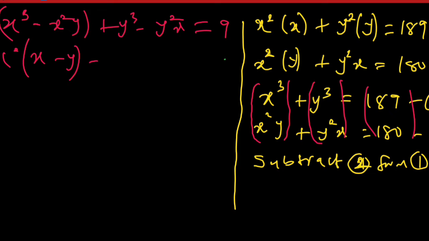If I remove minus y squared from plus y cubed, I'll be left with minus y, and this one will be left with plus x. Everything equals 9. So I've been able to eliminate.